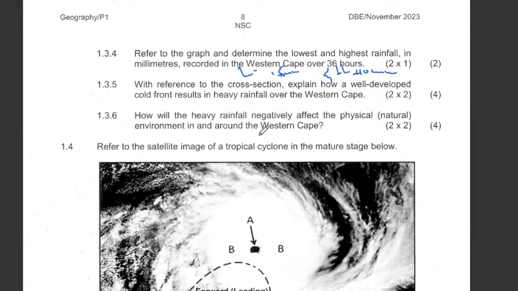With reference to the cross-section, explain how the well-developed cold front results in heavy rainfall over the Western Cape.